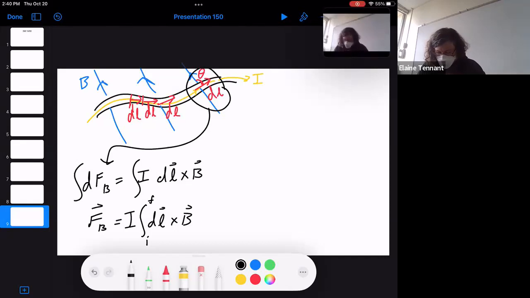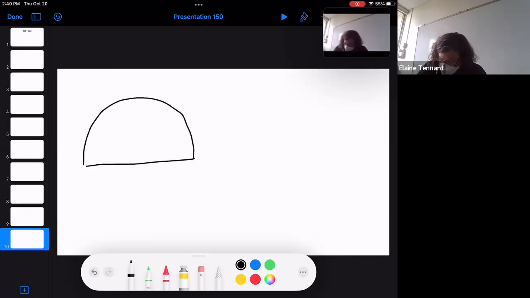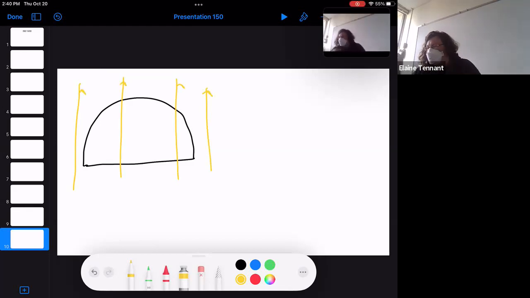Let's do a hard but illuminating problem, where I want to look at a closed loop of wire like this, that's in a magnetic field, and I have a current going around counterclockwise.